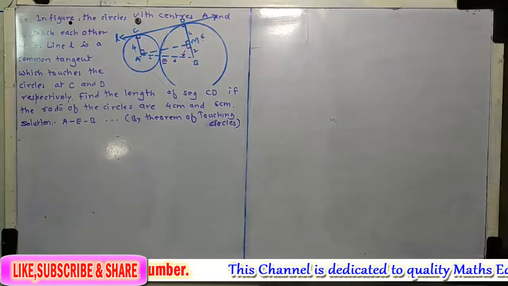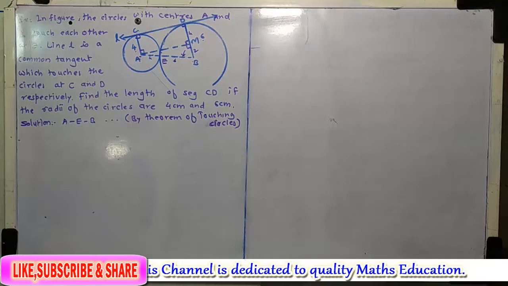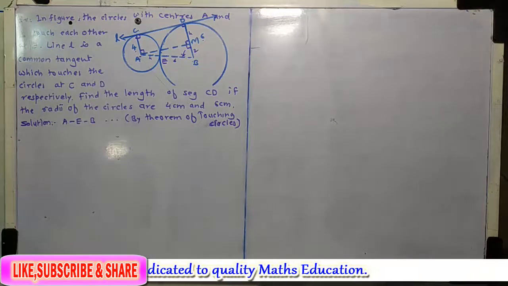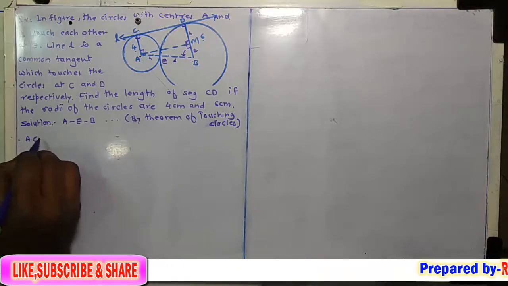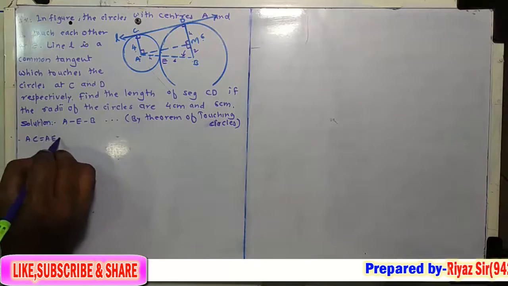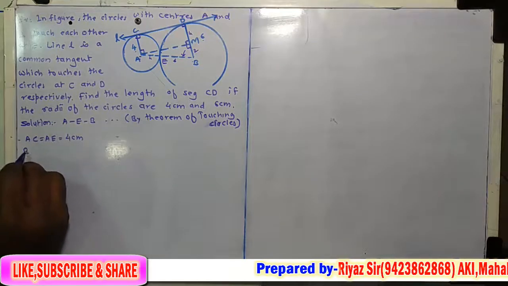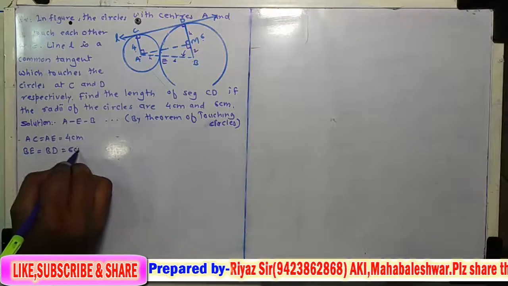Okay, and therefore we can write it as AC is equal to AE is equal to 4 centimeter, and second BE is equal to BD is equal to 6 centimeter.